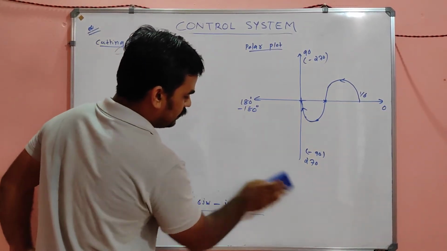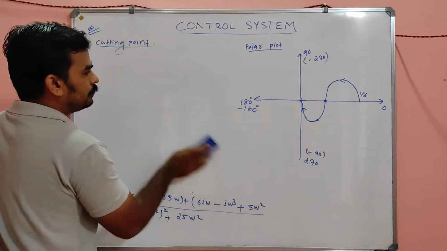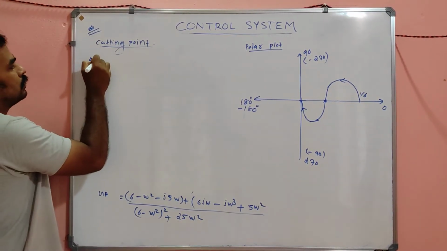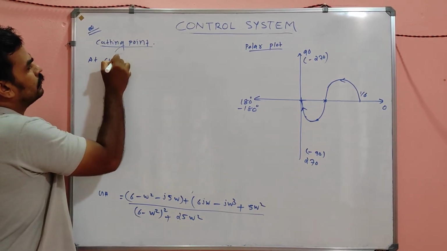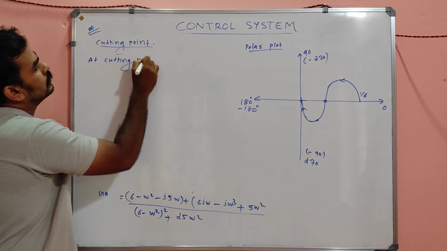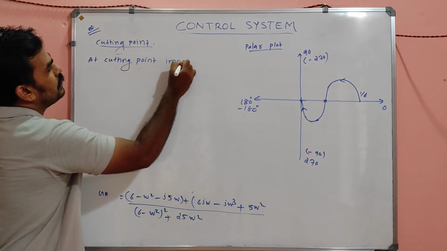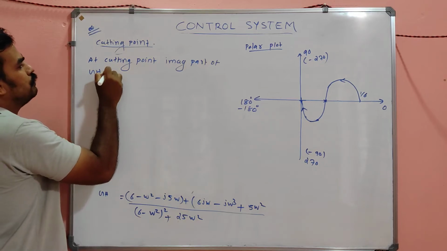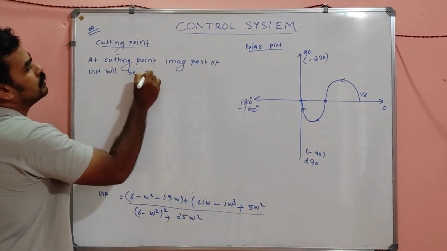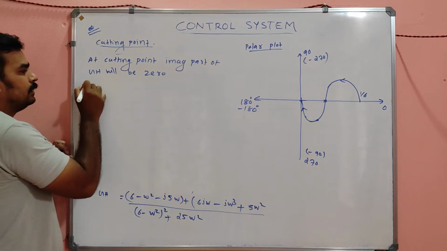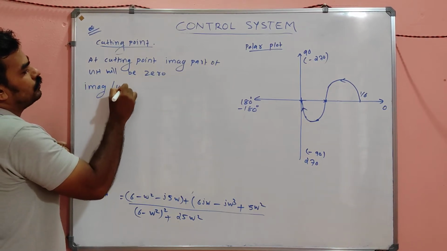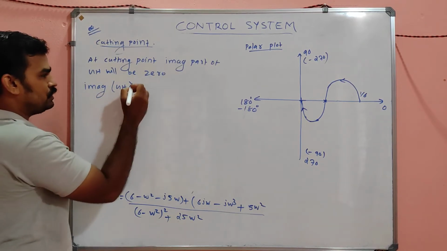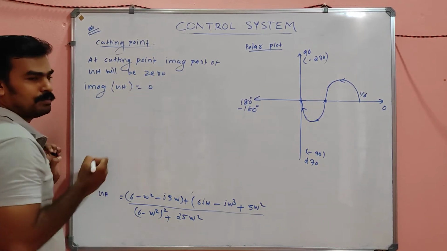And listen, my dear. At the cutting point, the imaginary part of GH will be 0. Imaginary of GH will become 0.